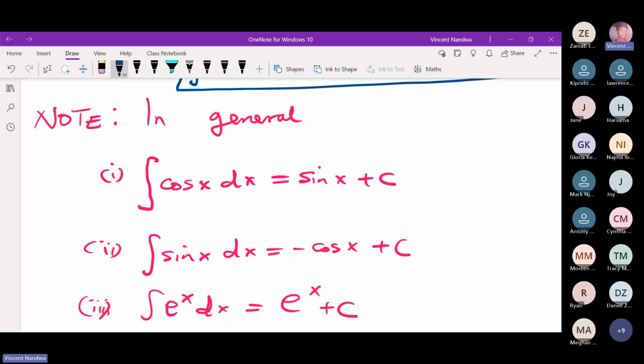But for integration, the integral of cos is positive sine. When you integrate a sine function, you get a negative cos function, which is opposite to differentiation, where differentiating a sine function gives a positive cos function. So don't confuse.